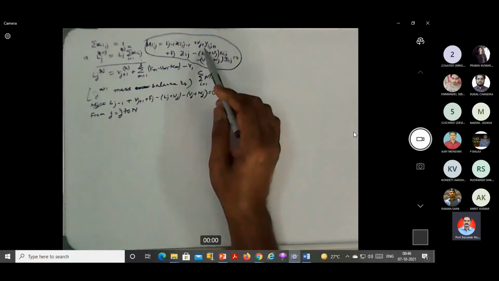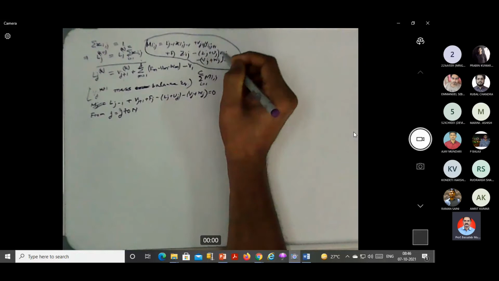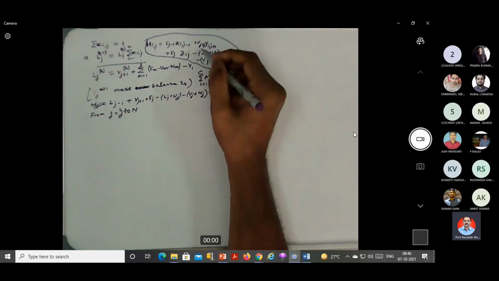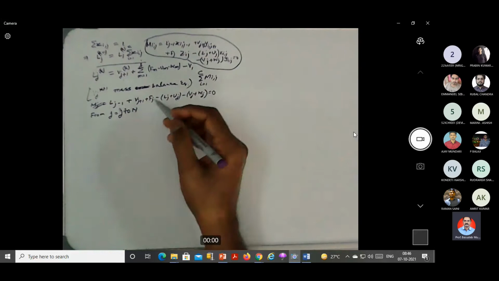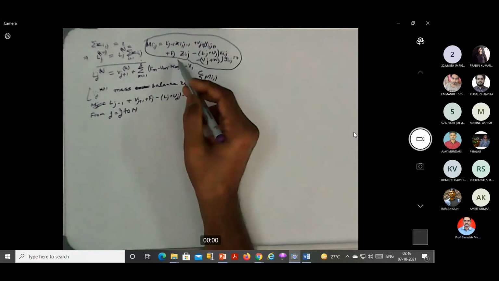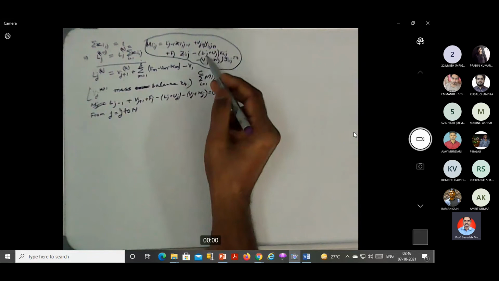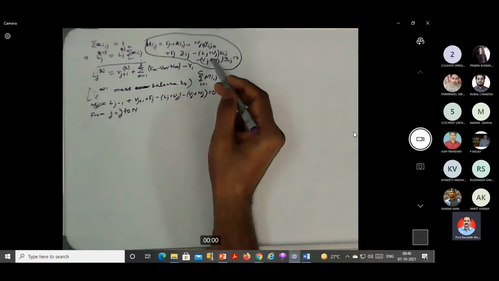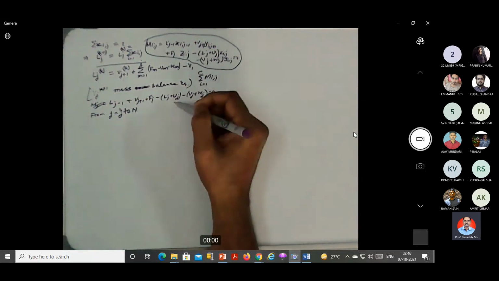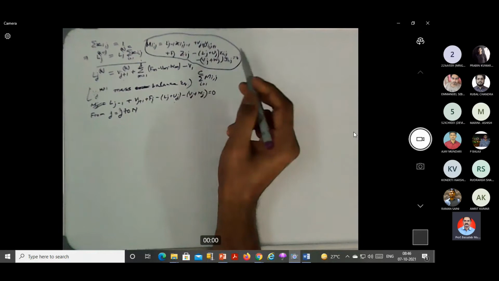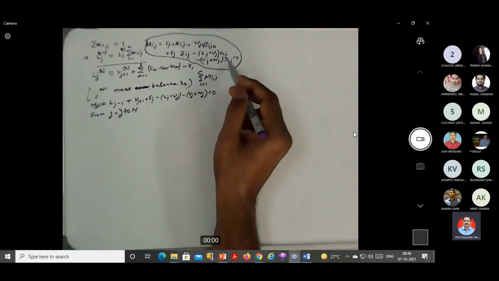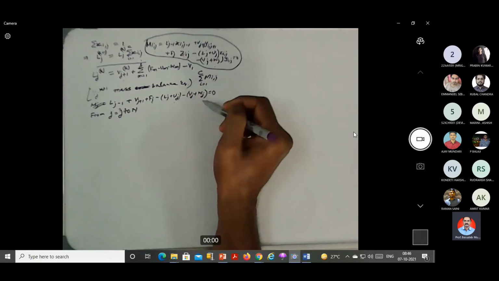Then Vj plus 1 into sigma Yij plus 1, sigma Yij plus 1 equal to 1. So you get Vj plus 1. Similarly, from here we will get Fj, because sigma Zij equal to 1. From here we will get minus Lj plus Uj, right? Since sigma Xij equal to 1, and from here similarly minus Vj plus Wj.